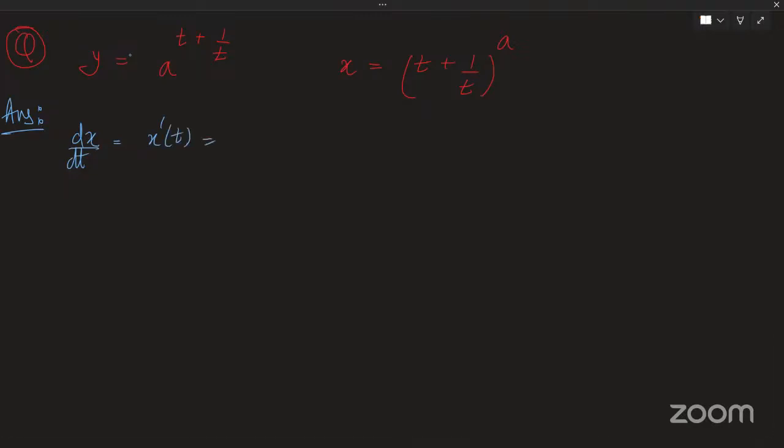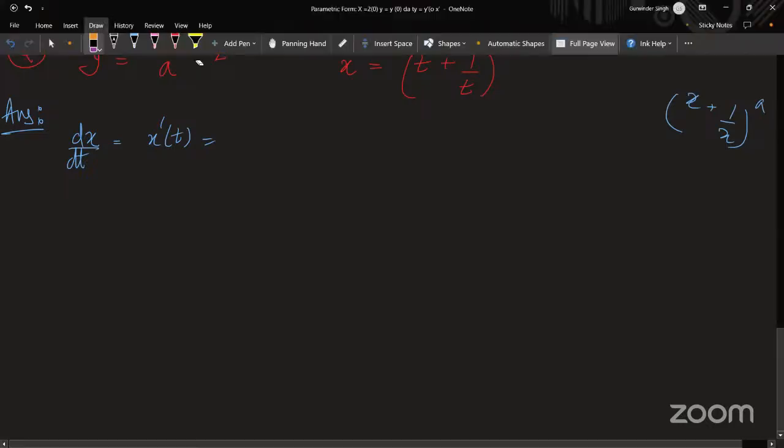Can you tell me which function is inside which function? It is t plus 1 by t raised to a. So like we generally used to do, it is x plus 1 by x whole raised to a. A is any constant. So can you tell me which function is inside which function?